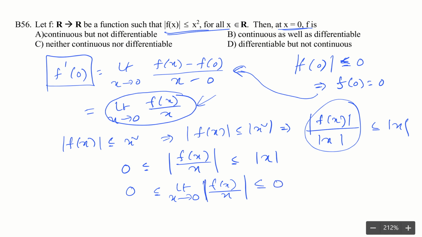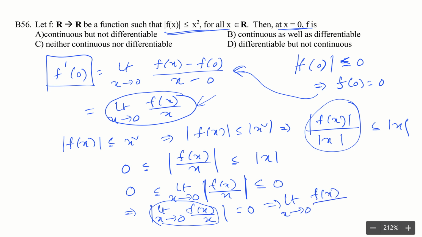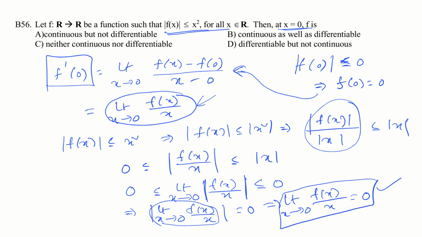Now I know that mod is a continuous function, so we can send the limit inside, so I'll have mod of limit x tends to 0 of f of x by x is equal to 0, and we know that mod of something is 0 means that something must be equal to 0. So I get this is equal to 0. So two things I am getting: the derivative at 0 is 0, that means it is differentiable at 0, and as it is differentiable, obviously it is continuous. Therefore option B is the answer.